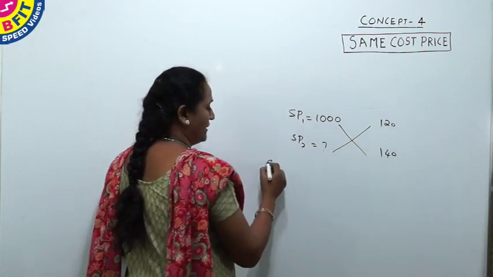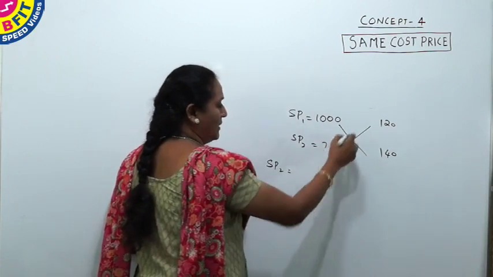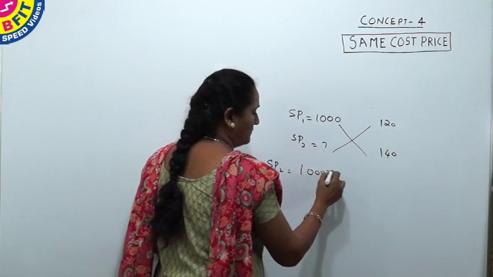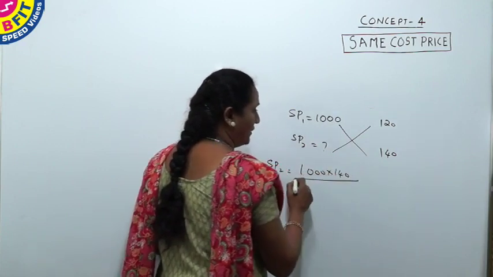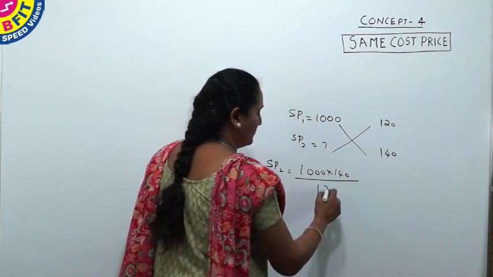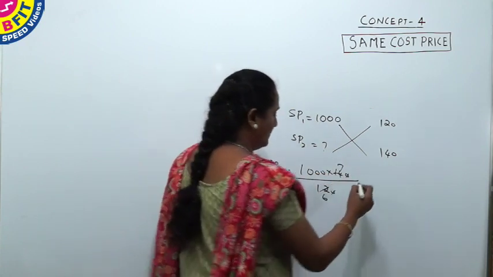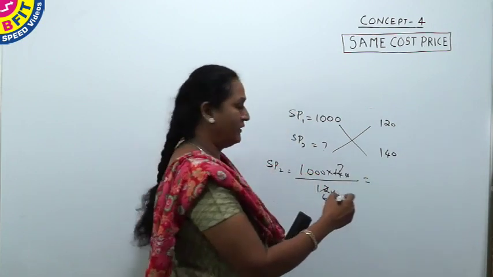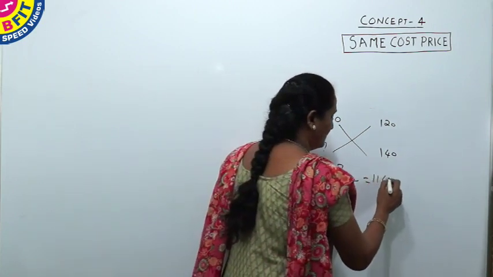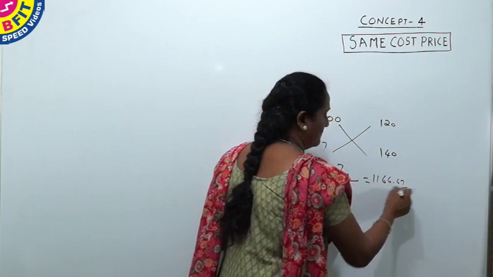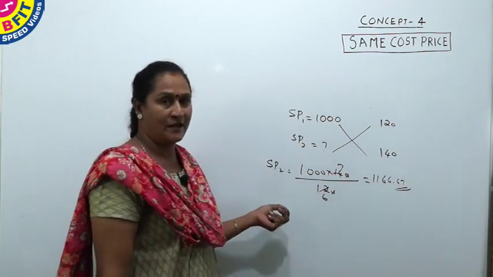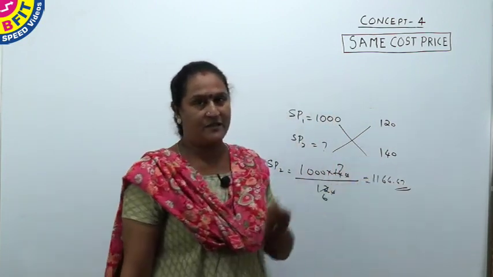To find selling price 2, the product is 1000 into 140 by 120. Multiplying and dividing we get the answer. For this selling price, the person will get 40% profit.